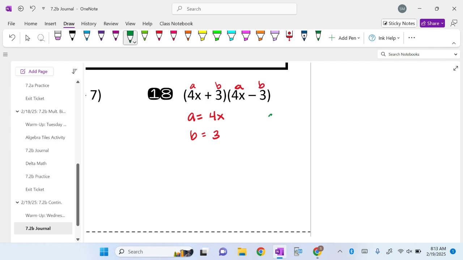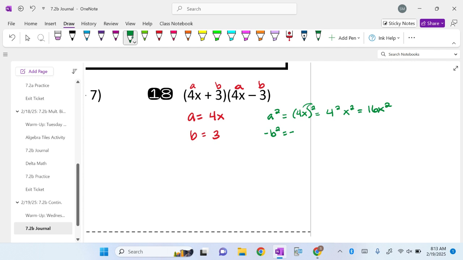So now I need to figure out what a squared and negative b squared is. If I'm doing a squared, that means I'm doing 4x all squared, which by power rule is the same thing as 4 squared x squared. And then what's 4 squared? 16. So this would be 16x squared.